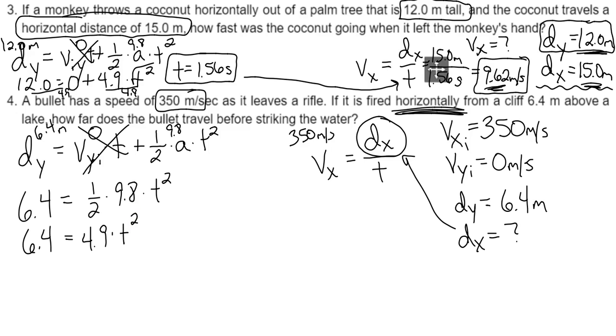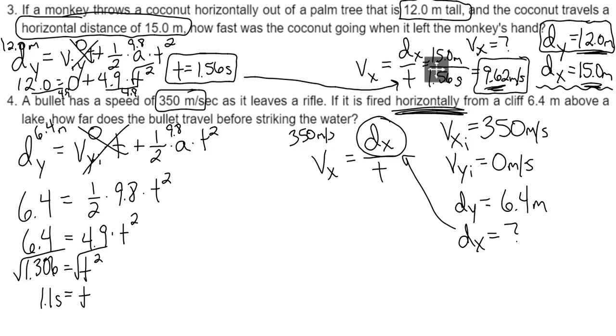Divide both sides by 4.9 to get t squared, and let's go ahead and do that on the calculator. So 6.4 divided by 4.9 is approximately 1.306, and then I need to take the square root of both sides to get t is approximately 1.1 seconds.